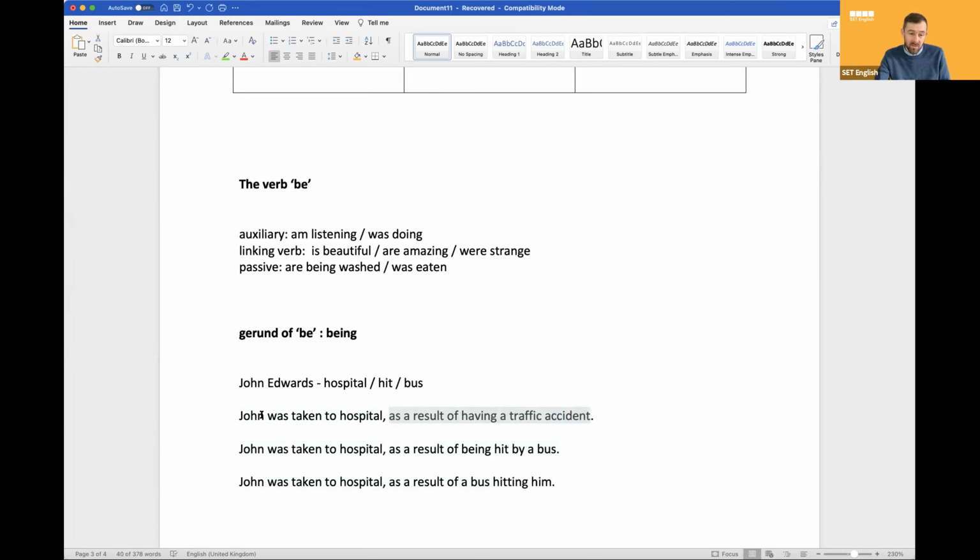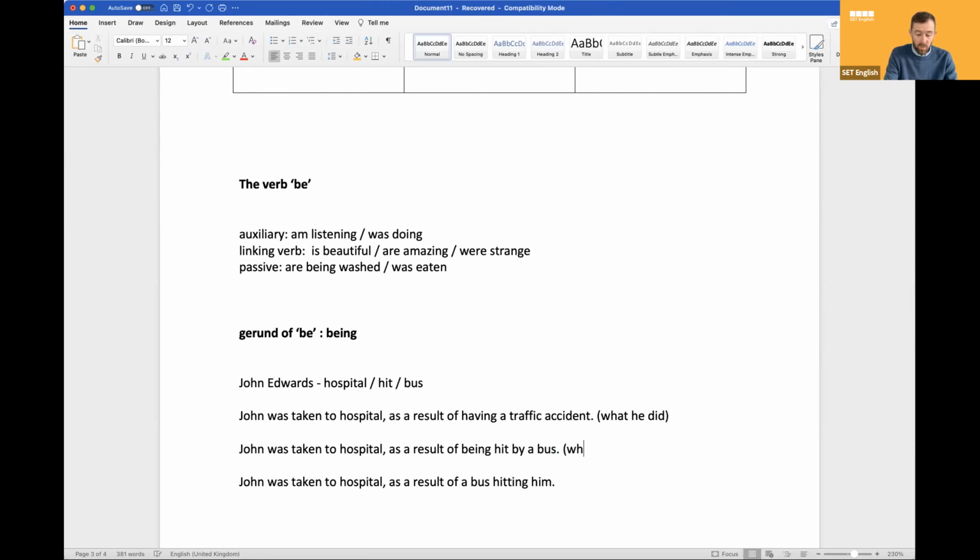He had an accident. John had an accident. In this one, you've got passive in the first clause, as a result of being hit. It's called the passive gerund. It happened to him. And in this one, you've got John was taken to hospital as a result of a bus hitting him. Now it's active again. We're focusing on what the bus did. So here, it's what he did.